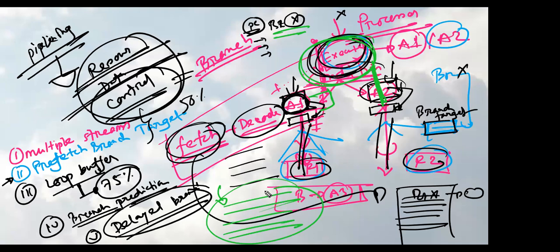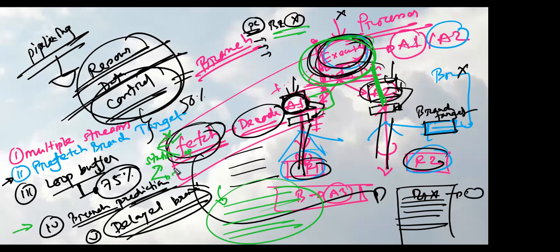Regarding branch prediction, the fourth approach, there are some predictions I have already mentioned. Some are static decisions, that is, always branching or never branching, or based on opcode.